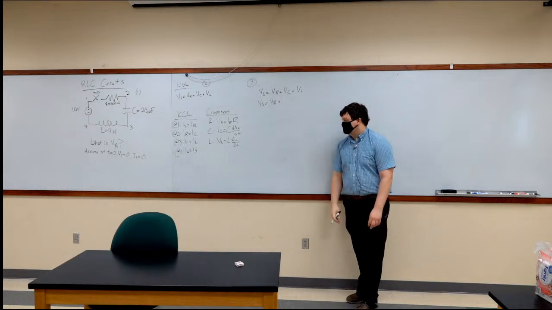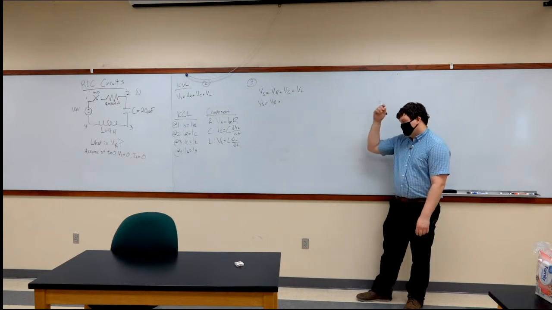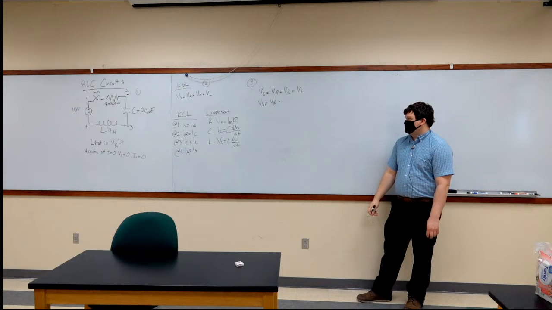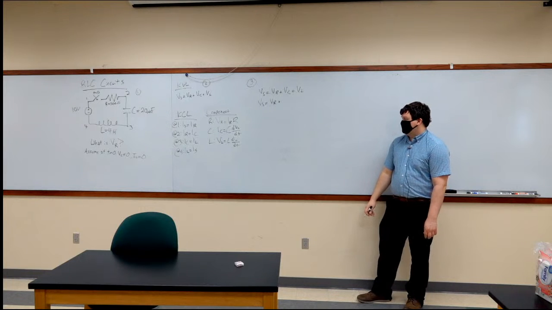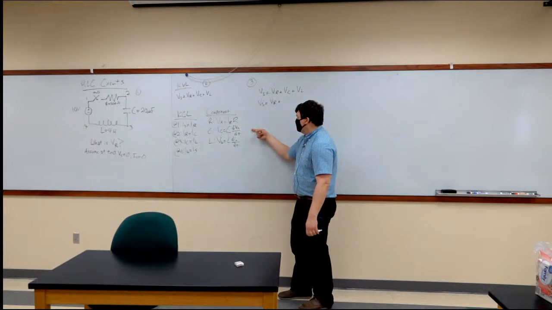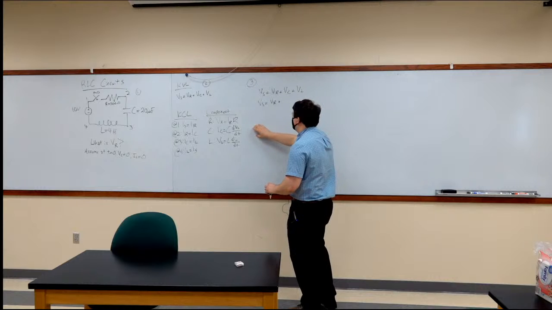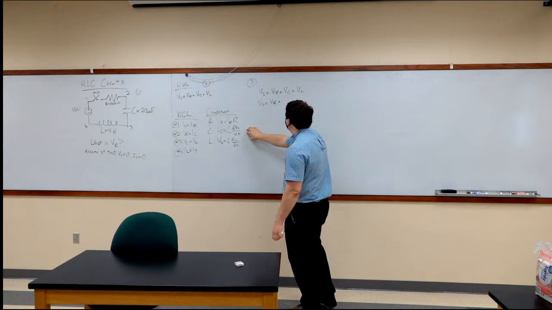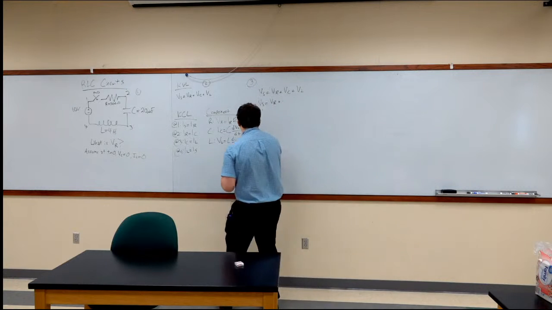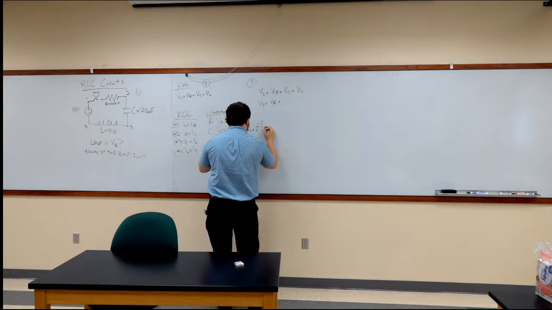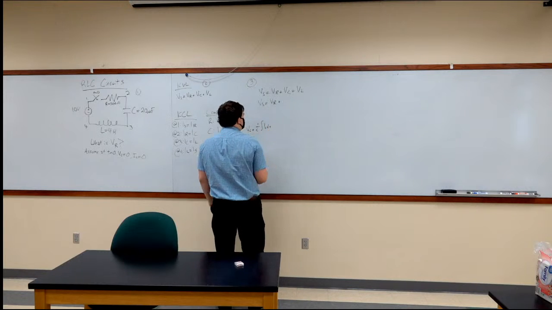Okay, so we've got Vs is equal to VR plus, what equation can we use to get rid of Vc? Where do we see an equation that has VC in it? Yep, the component equation. So we can go ahead and plug in VC is equal to 1 over C integral of IC dt.